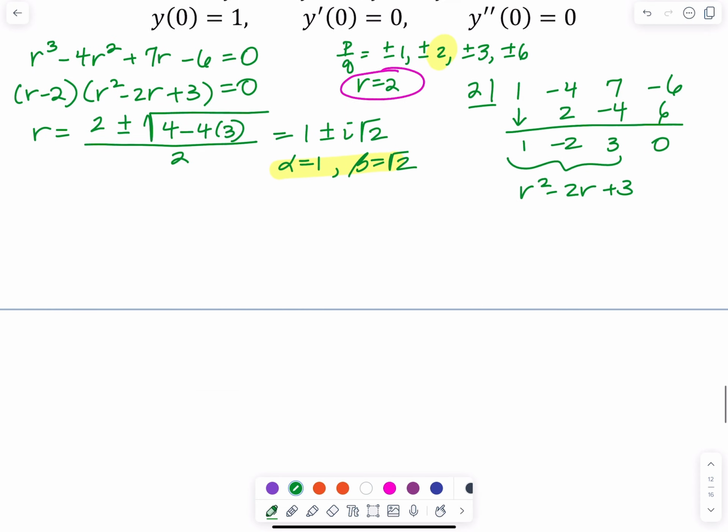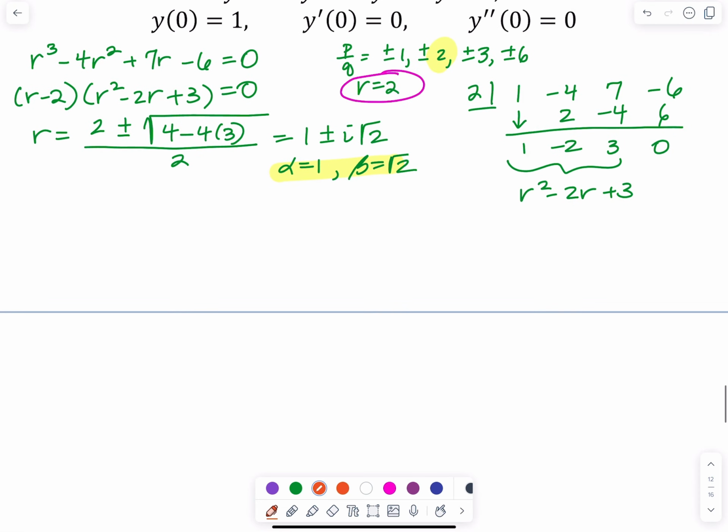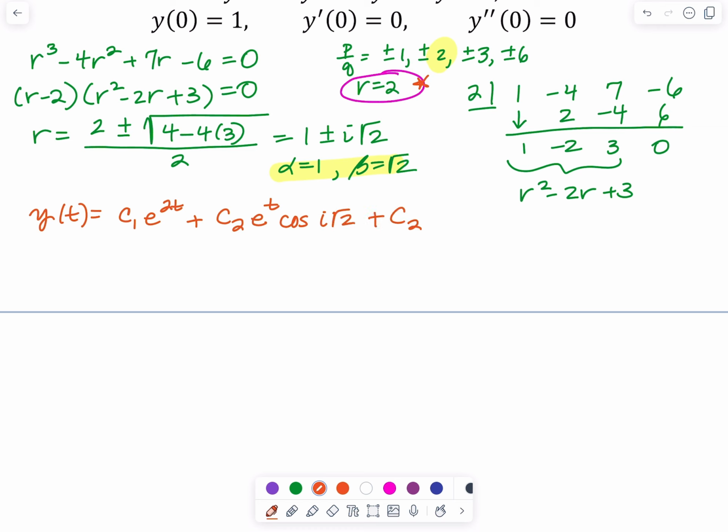Now we can write our general solution, which is y of t equals c1 e to the 2t, using that solution first, plus c2 e to the t multiplied by the cosine of root 2 t, plus c3 e to the t sine of root 2 t.